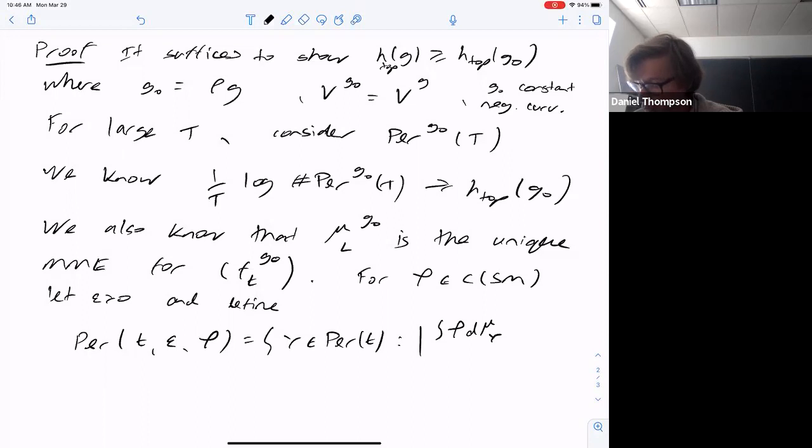I'll write that in a second. Over the length of gamma, minus the integral of phi d mu_L, G0, that is less than epsilon.